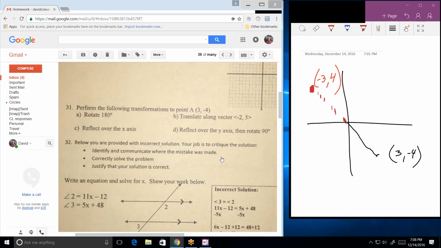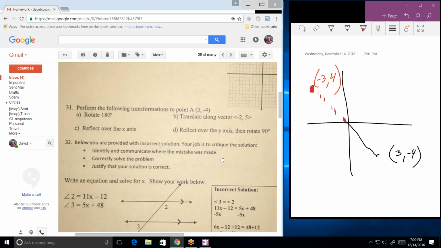Okay, so would it be 1 and then -9? Add the 2 together. You got the 1 correct. Oh, so it'd be 1 and 1? 1, 1, exactly.